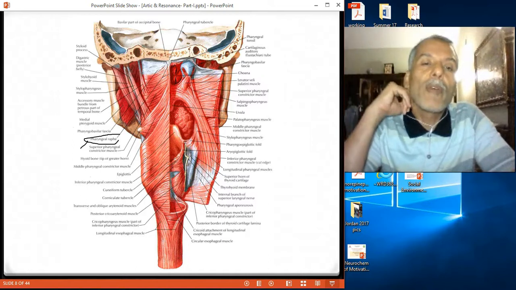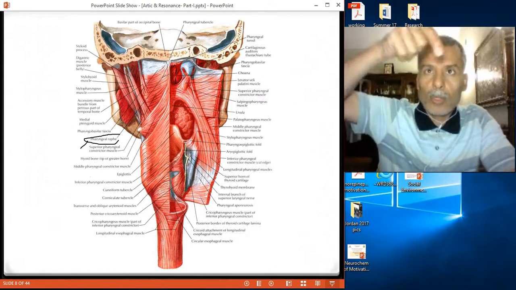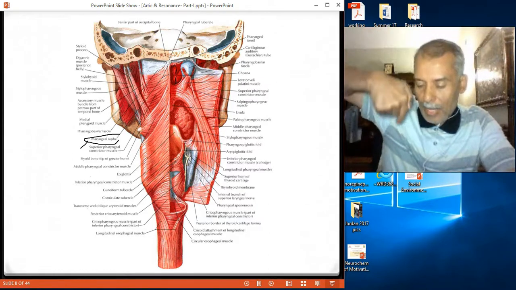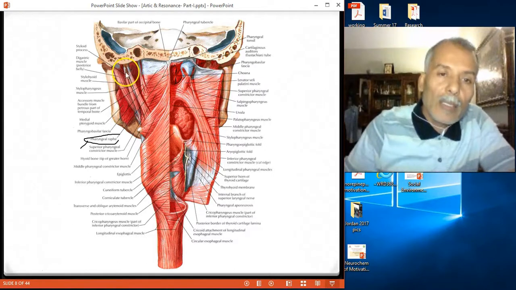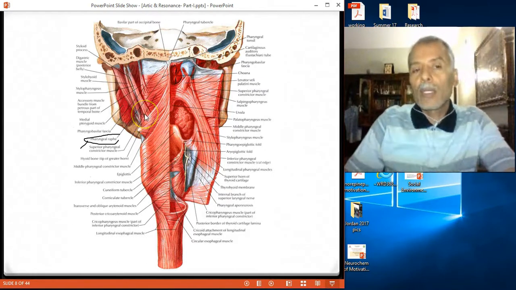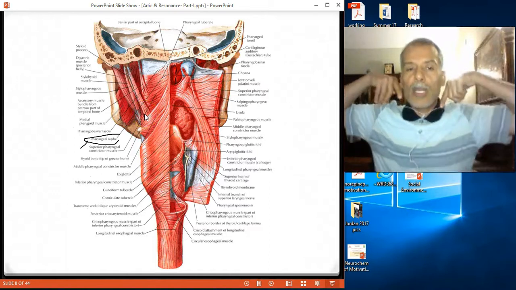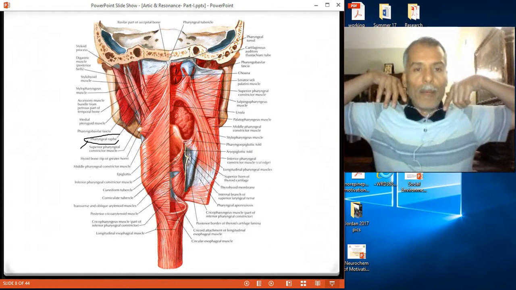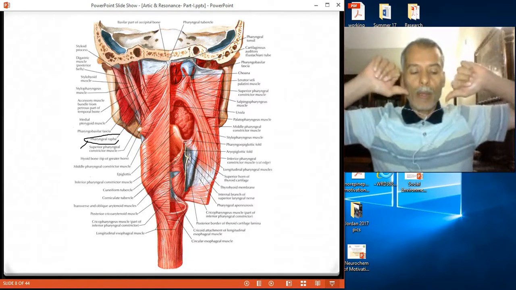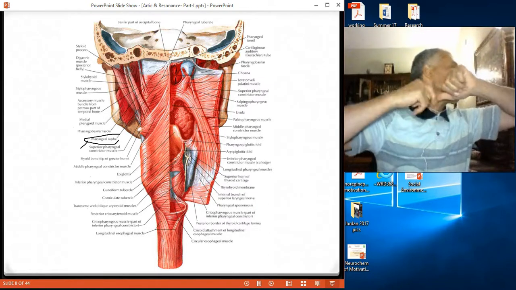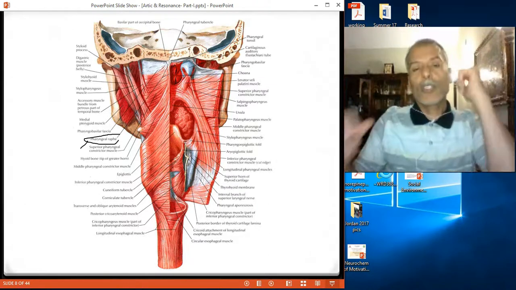And then we have the other one that goes back and down, and that is the stylopharyngeus. It goes from the styloid process and goes back and connects with the pharyngeal constrictor muscles.